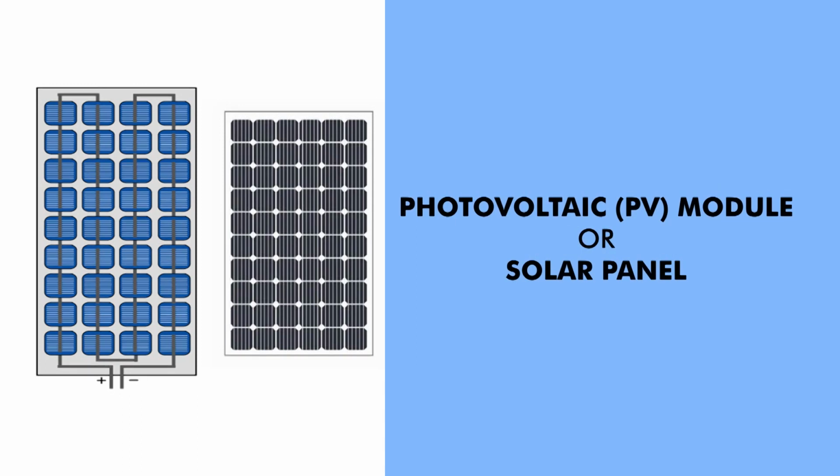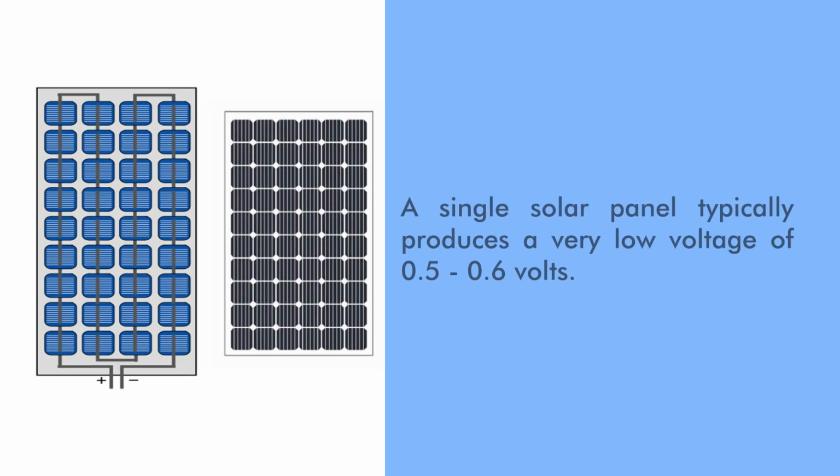Now we will discuss the photovoltaic module, or solar panel. A single solar cell typically produces a very low voltage, as we have already discussed, that is 0.5 to 6 volts. This voltage is insufficient for most practical applications.